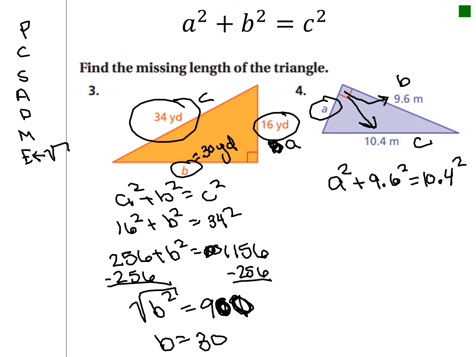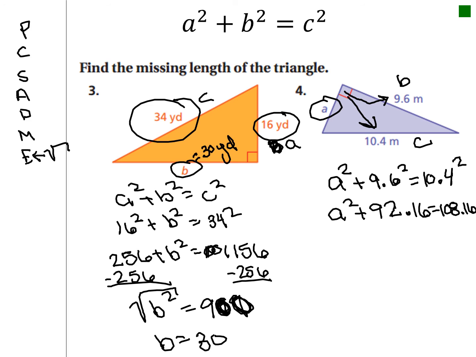So I'm going to do 9.6 times 9.6, which is 92.16. So A squared plus 92.16 equals 10.4 times 10.4, which is 108.16.